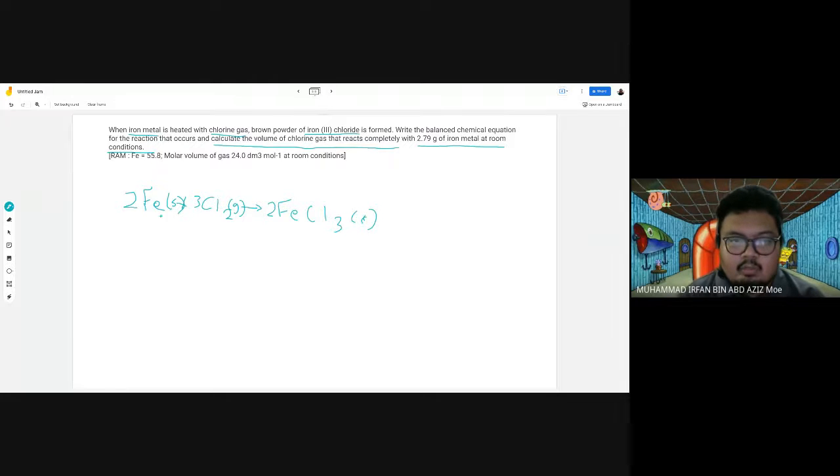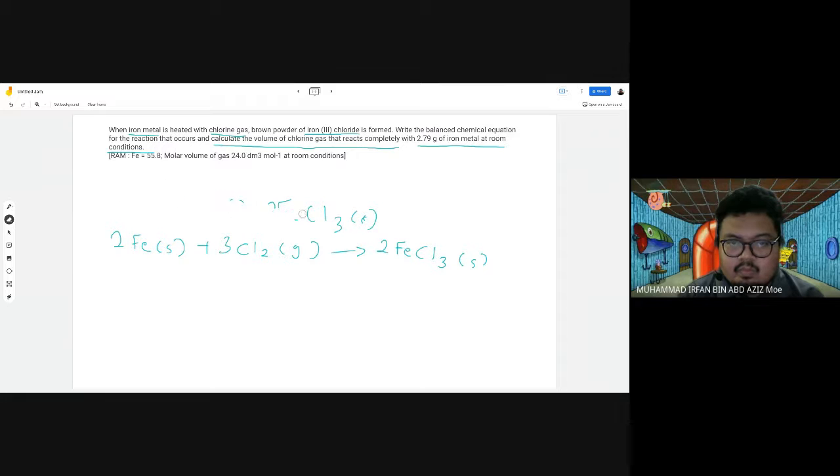So you will get dia punya equation secara yang betulnya tu 2Fe solid plus 3Cl2 gas will produce 2FeCl3 solid. Okay, first part dah complete.